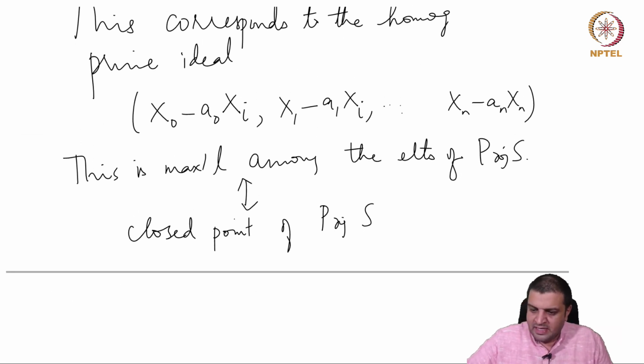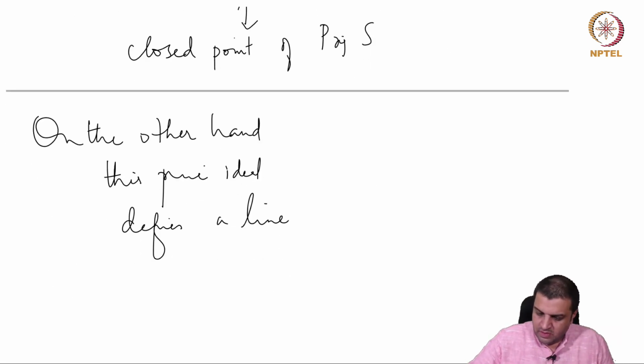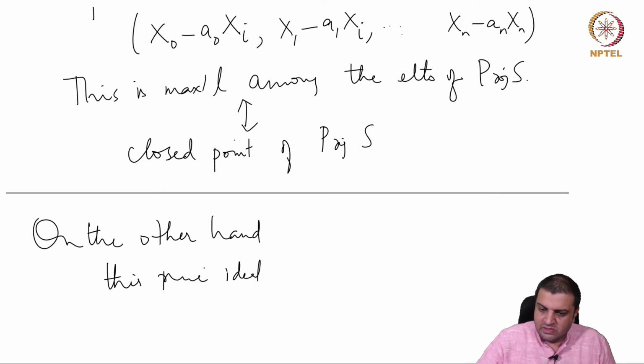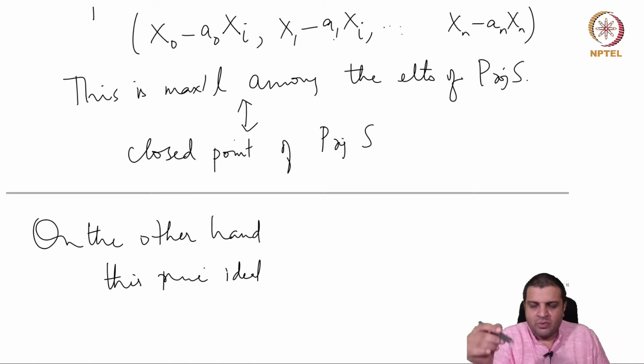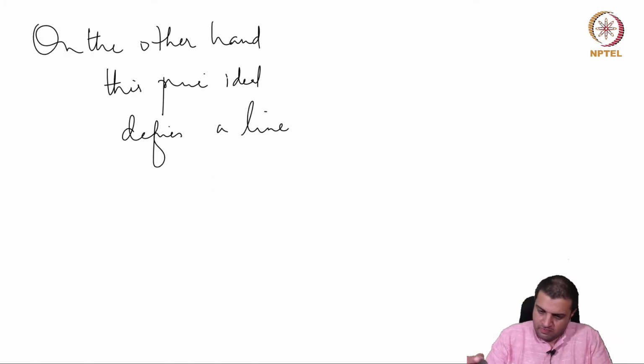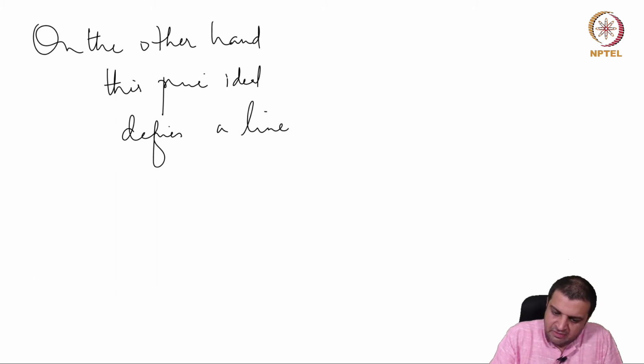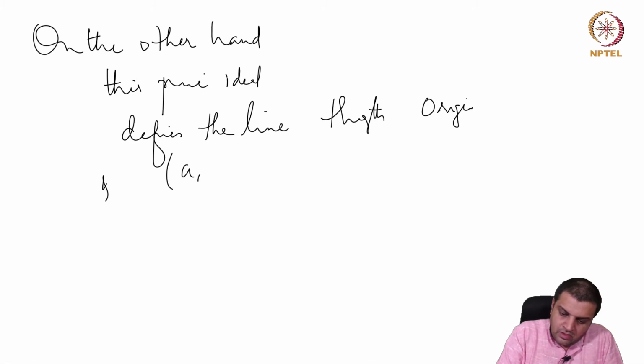So it's a line in K^(n+1) with these slopes. x0 over xi has slope a0, and x1 over xi has slope a1, and so on. So we can write it: it defines the line through the origin and (a0, ..., an) inside K^(n+1).